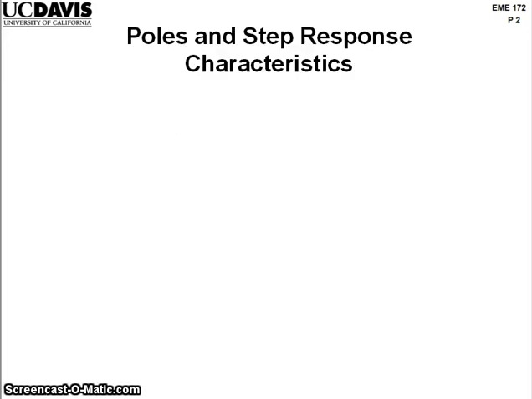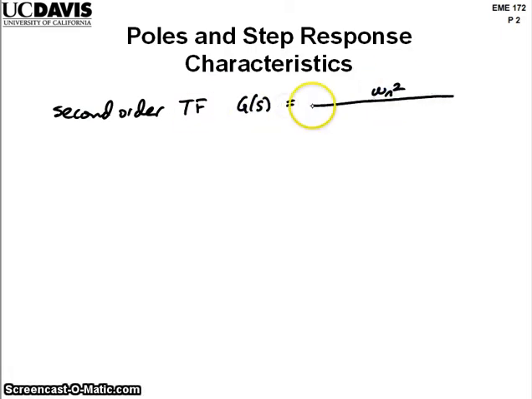Okay, so first I'm going to talk again about poles and step response characteristics. If you remember from the second-order system, I said the second-order transfer function G(s) is equal to omega n squared over s squared plus 2 zeta omega n s plus omega n squared.